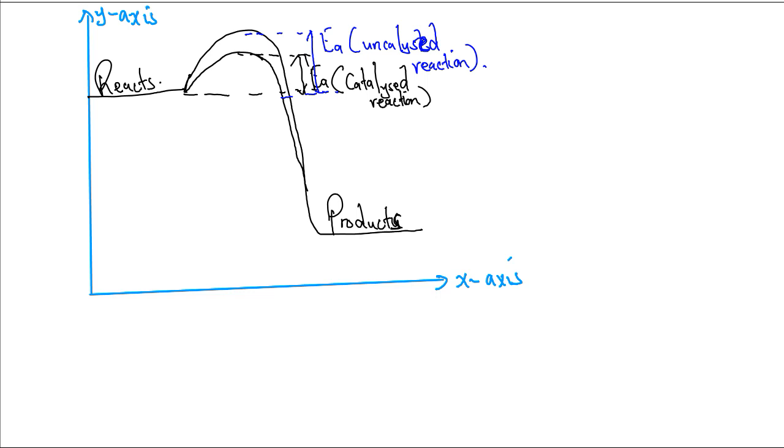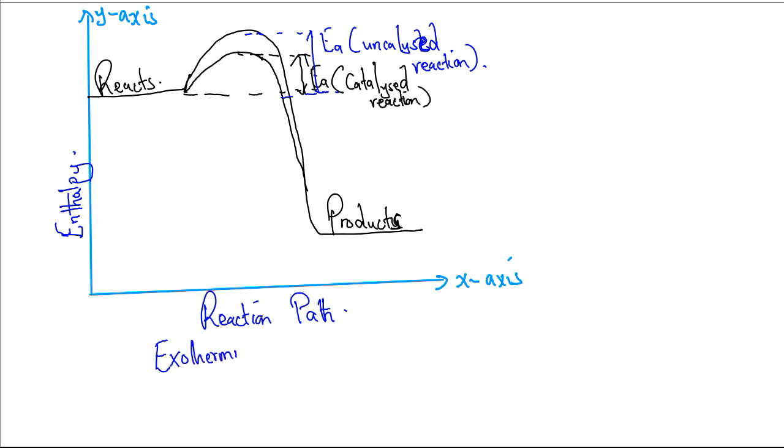We have reaction path and enthalpy, and this is what we call an exothermic reaction, where the energy of the reactants is higher than that of the products.